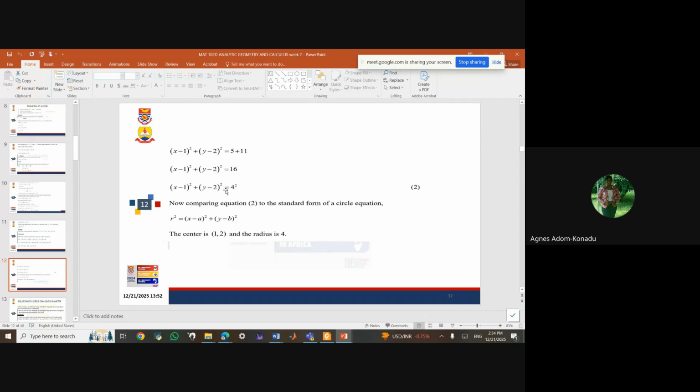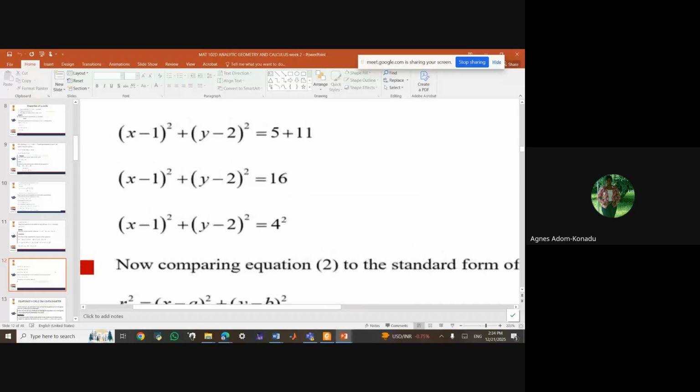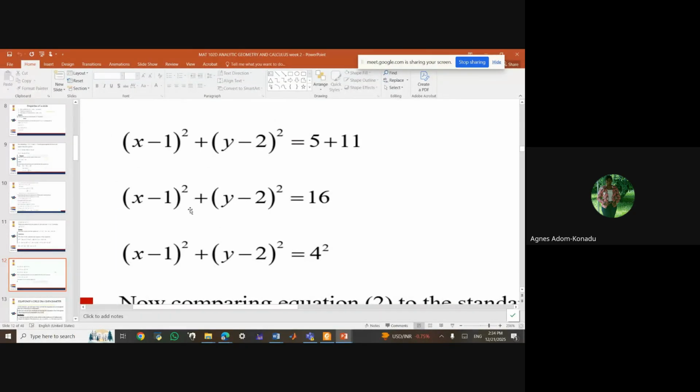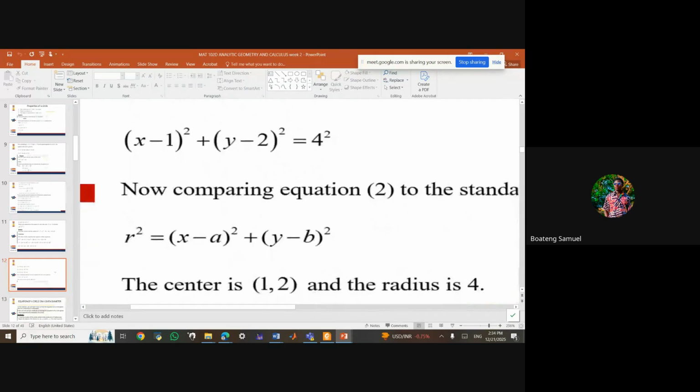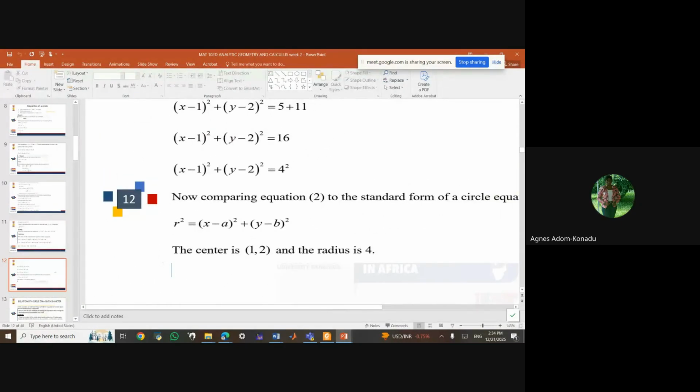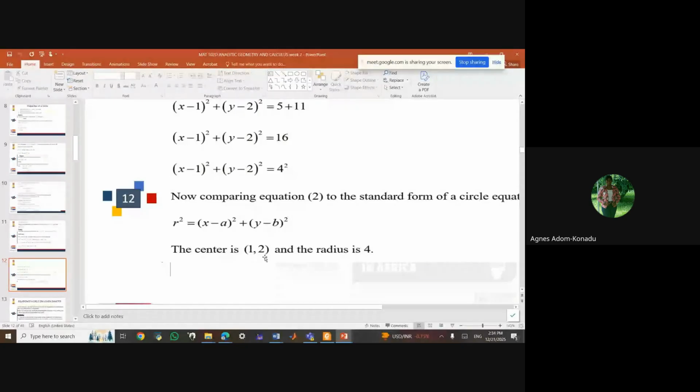So what is the center and what is the radius from here? Madam, our center is (1, 2), and our radius is 4. Thank you very much. So our center is (1, 2), and our radius is 4.